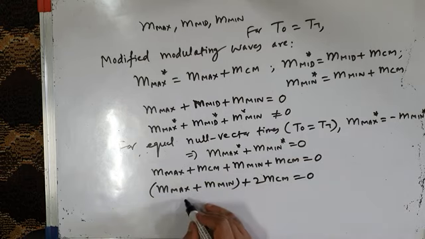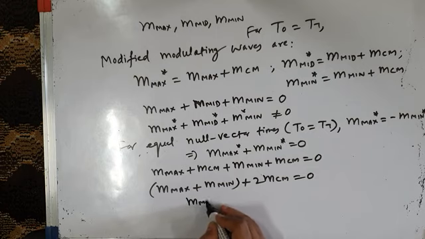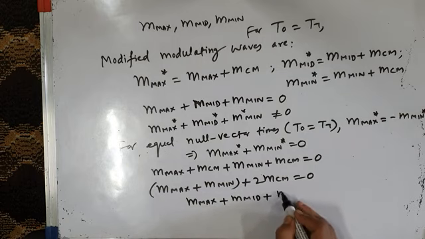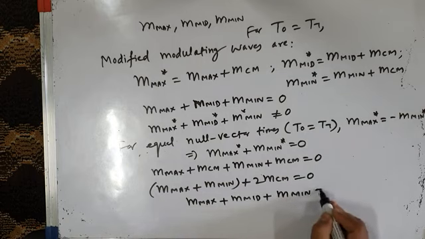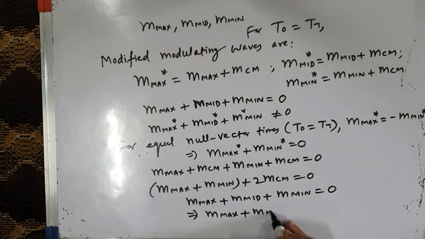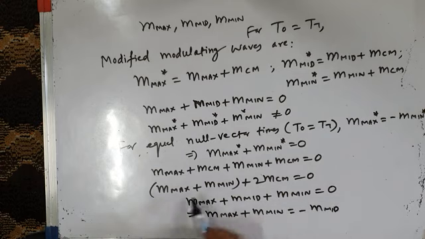Now we know that the sum of three original sinusoidal modulating waves, m max plus m mid plus m min, is equal to 0. From this we can find m max plus m min. So m max plus m min is equal to, take it to the right hand side, minus m mid. So substitute it in this equation.